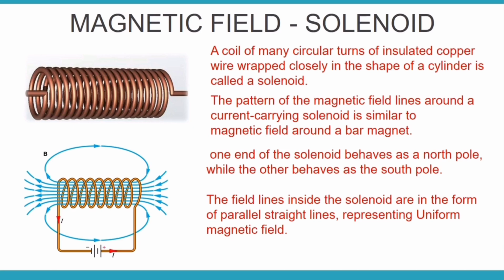The pattern of magnetic field lines around a current carrying solenoid is similar to the magnetic field around a bar magnet. One end of the solenoid behaves as a north pole while the other behaves as a south pole. The field lines inside the solenoid form parallel straight lines representing the uniform magnetic field.